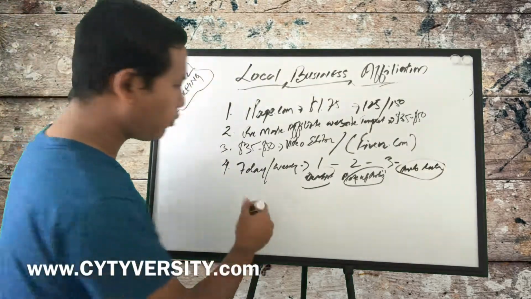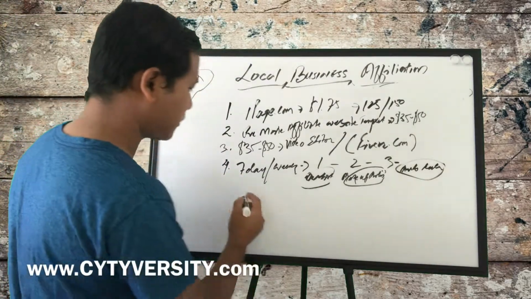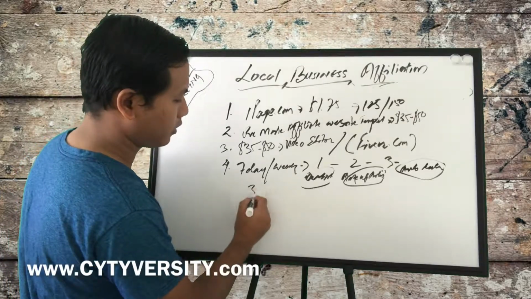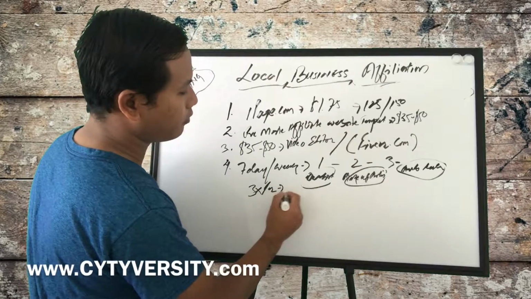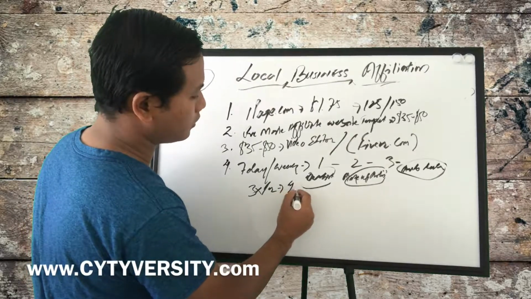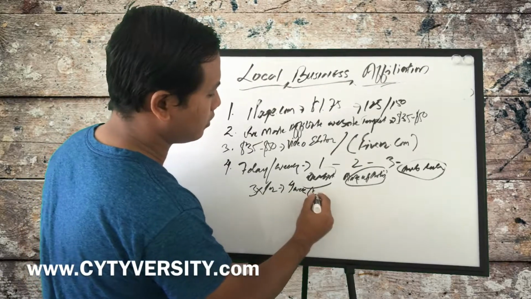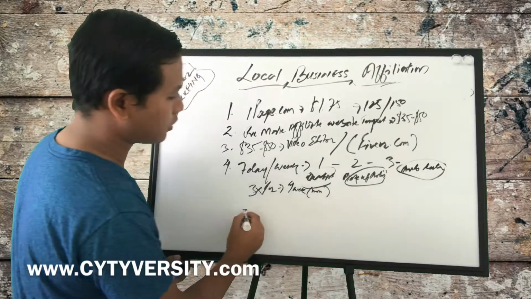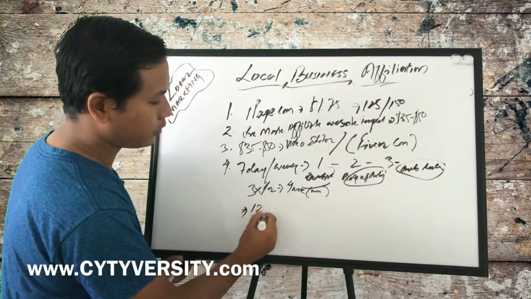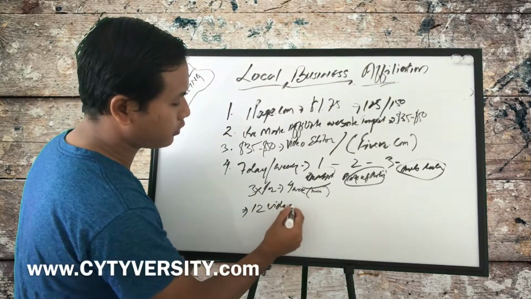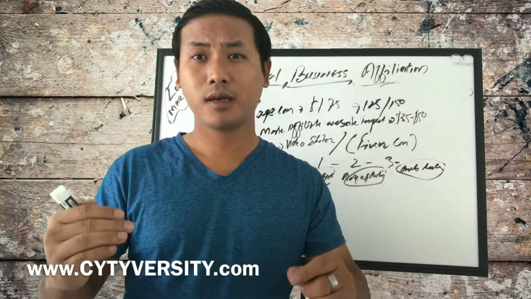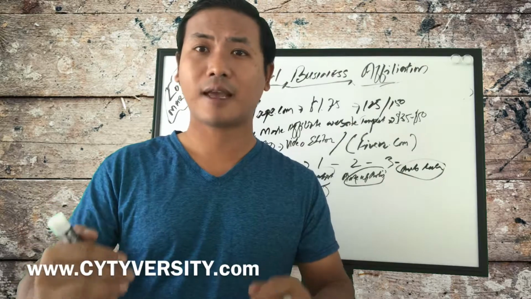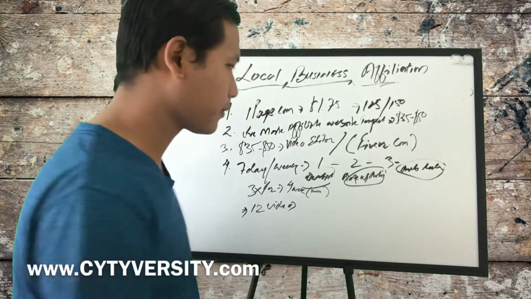So what you need is 3 businesses a week. There are 4 weeks in a month, right? So how much do you get? For 12 videos, in these 12 videos you have created yourself product affiliation in 1 month.